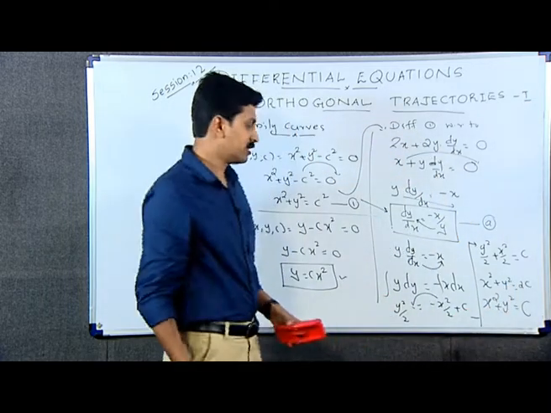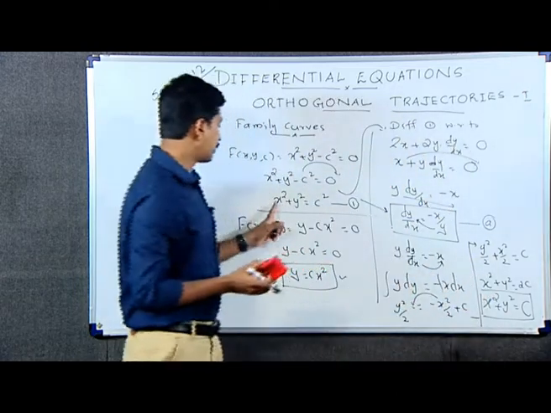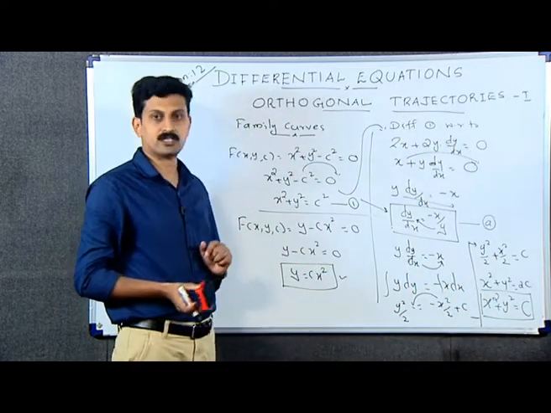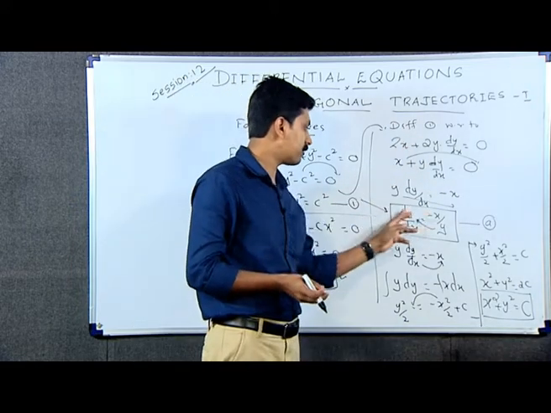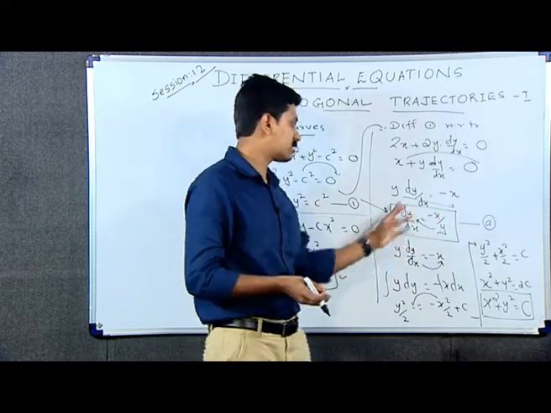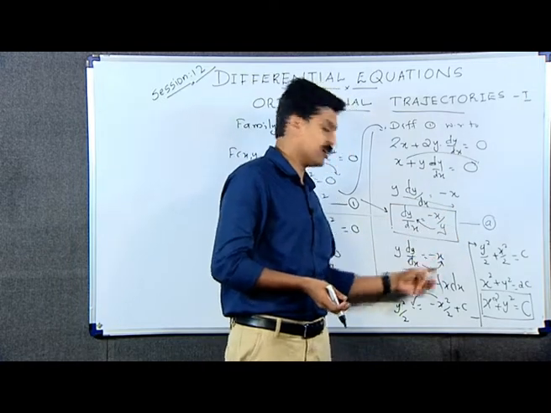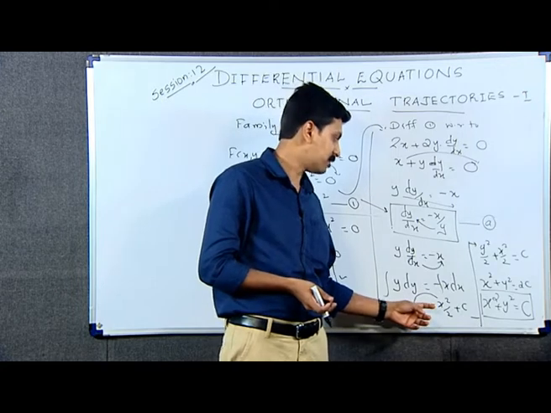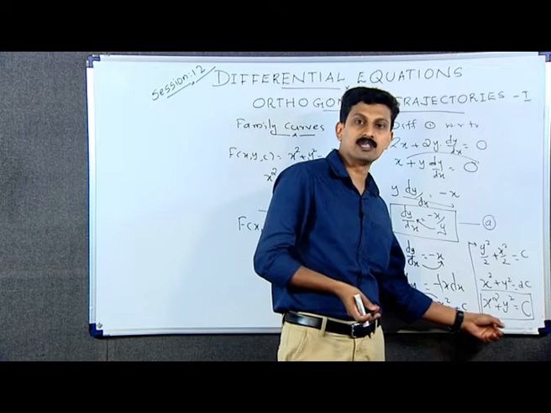So, we started from x square plus y square equal to c square, and after differentiating we have the differential equation dy by dx equal to minus x by y. While solving this differential equation by the method of variable separable, again we get a solution as a circle centered at origin with radius c.